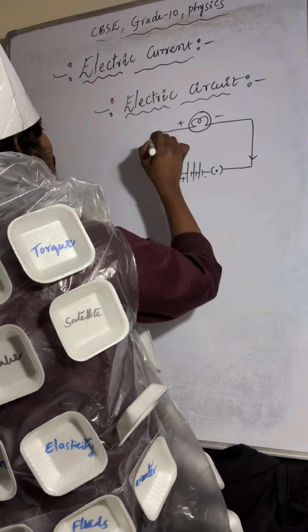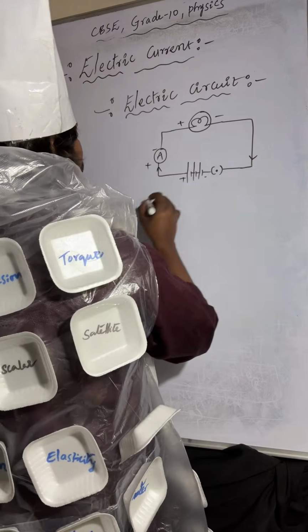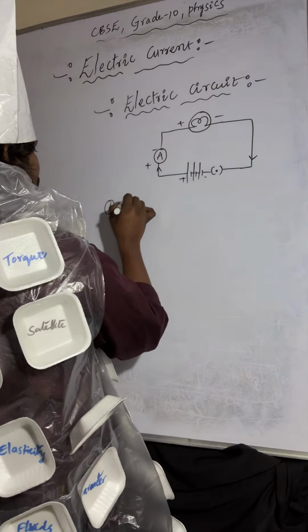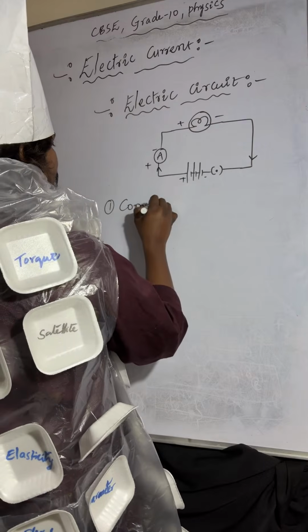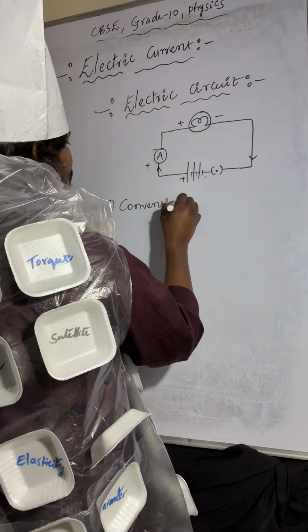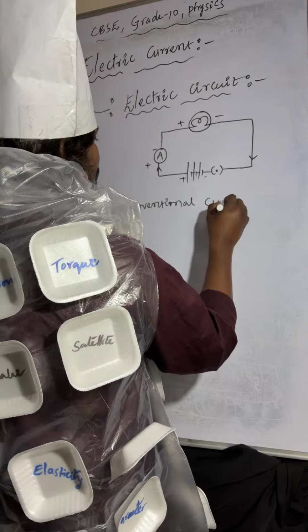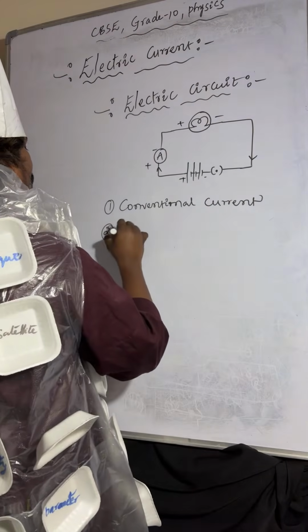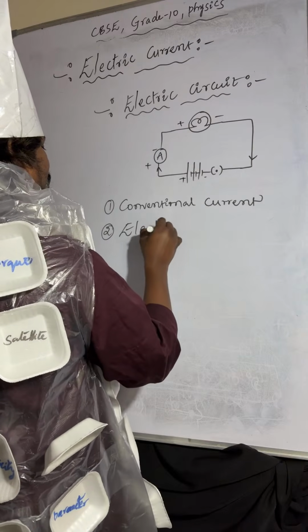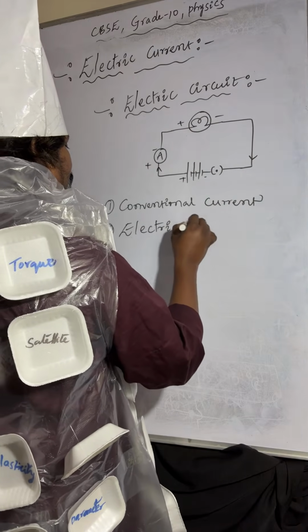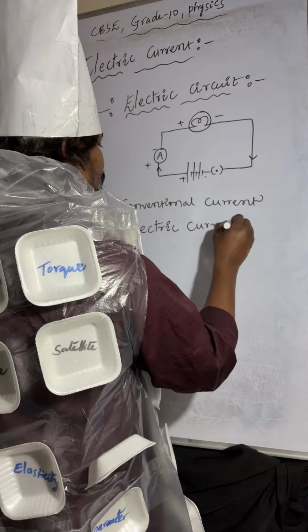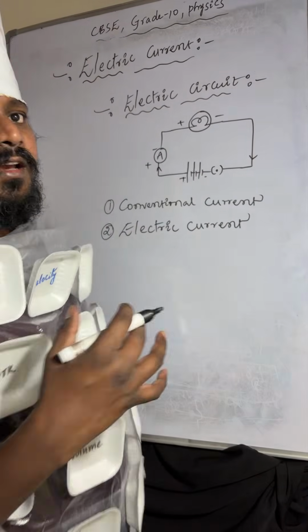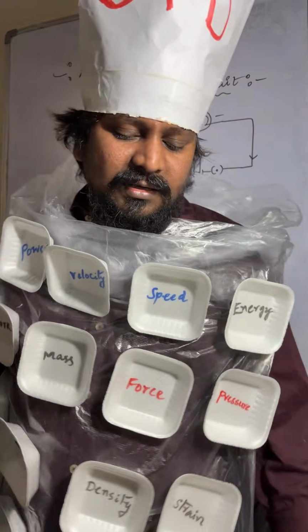Okay, so cell, battery. First one is conventional current, and the second one is electric current.